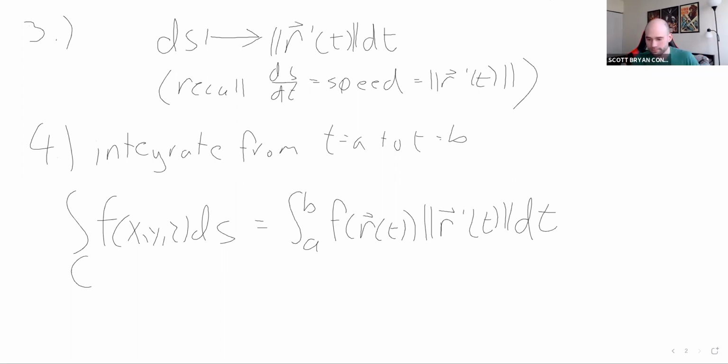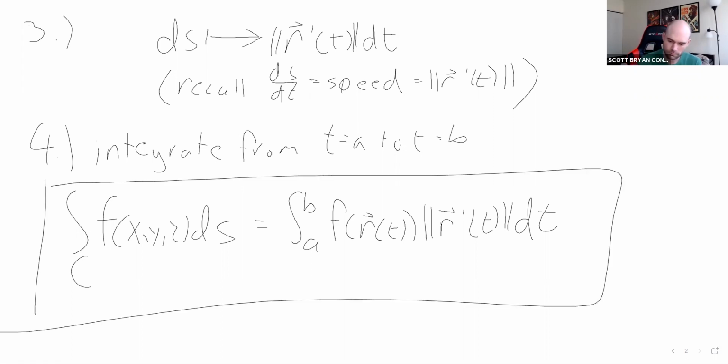So you need to multiply the function, where you replace x, y, and z with their parameterizations, by the magnitude r prime t. And then we integrate from t equals a to b. Okay, so this is where c is parameterized by r of t, t goes from a to b.